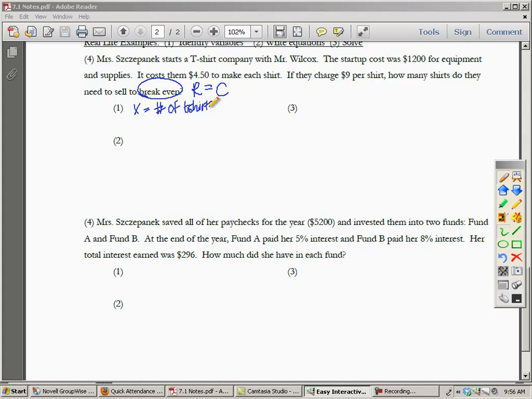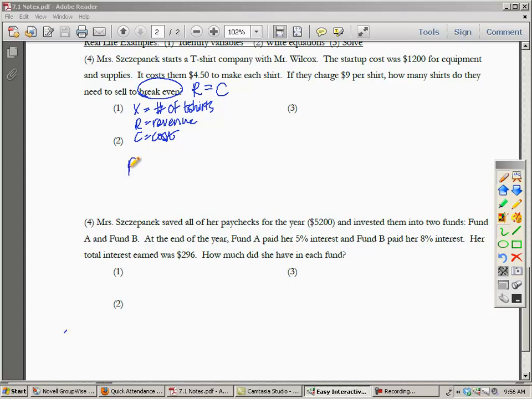So first thing you have is X is the number of t-shirts. R, please know these words, revenue, and C is cost. These are important going through because you need to know what revenue and cost are, and we're going to use those quite often.